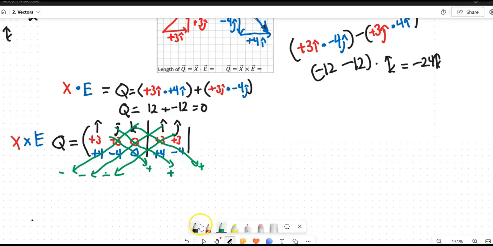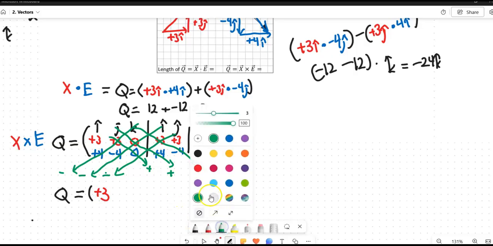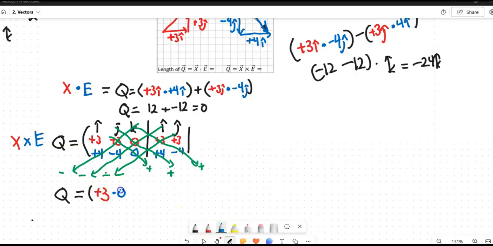Okay, so constructing Q, which is going to be X cross E in this case, for I it is going to be positive 3 times 0. So positive 3 times 0. And we're going to subtract that guy.